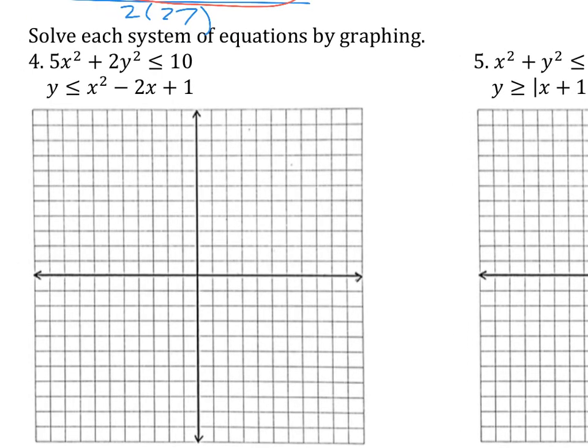So divide everything by 10. 5 divided by 10 is the same as x squared over 2. 2y squared over 10 is y squared over 5, which is less than or equal to 1.